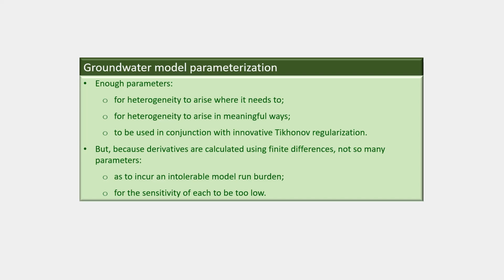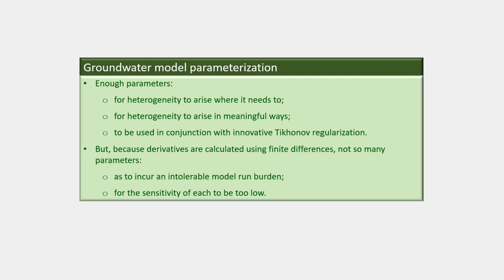Groundwater model parameterization has some extra constraints as well. Yes, we'd like to have a lot of parameters for the reasons that we just outlined. However, normally when we're calibrating a groundwater model, we are calculating the Jacobian matrix on which basis we estimate parameters using finite parameter differences.